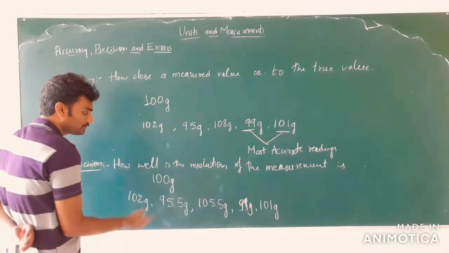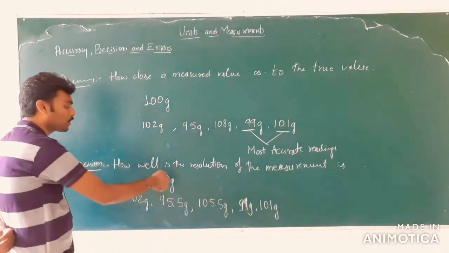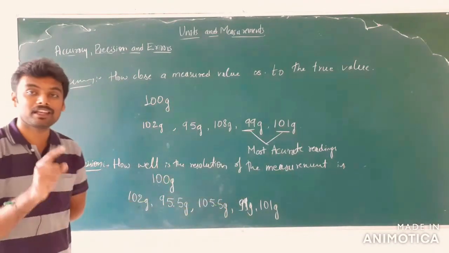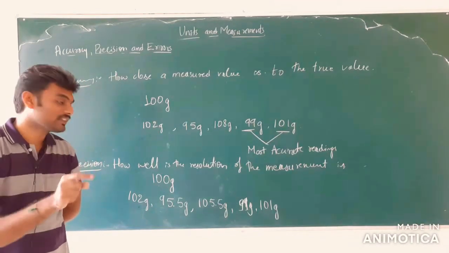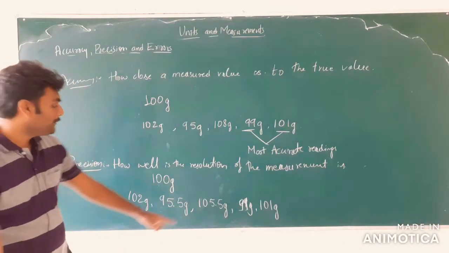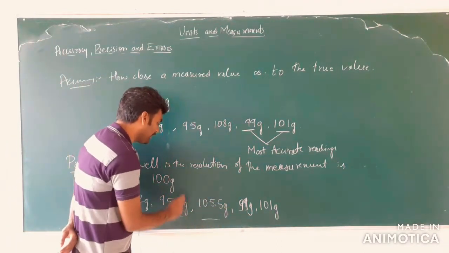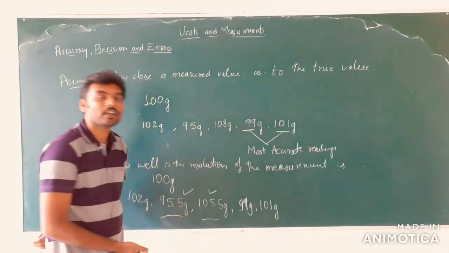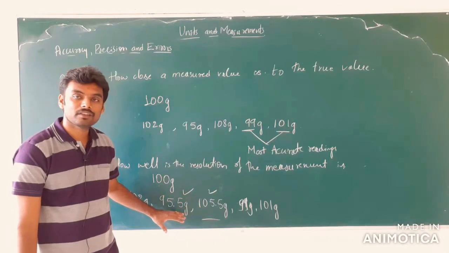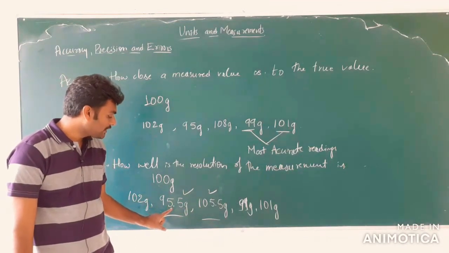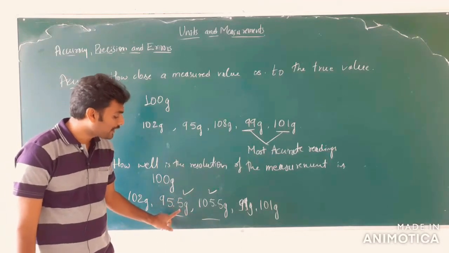Look at this. Again, for 100 gram, 99 gram and 101 gram are very close to 100 gram. Yes, they are accurate, but they are not precise. Compared to these three readings, 95.5 and 105.5 gram are more precise. The precision is more here, because the reading gives up to 95.5 gram.